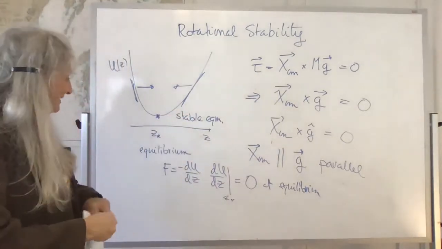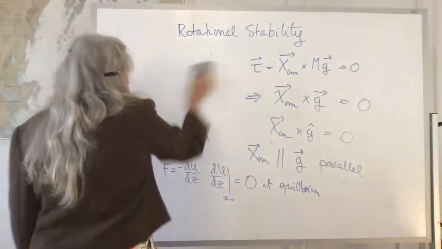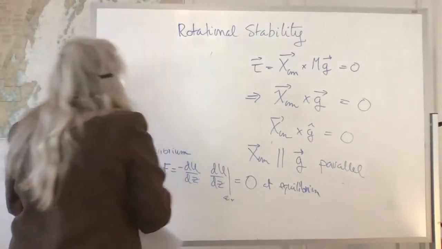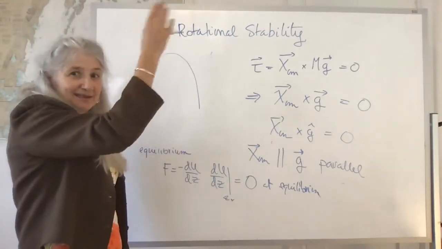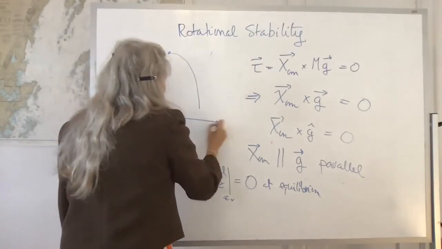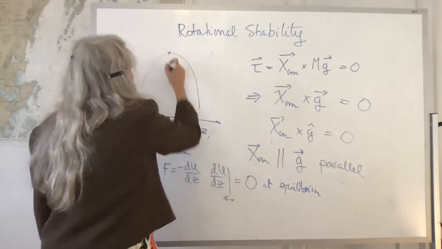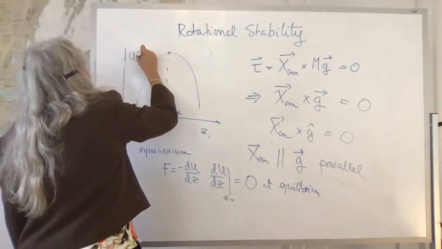We can just reverse this whole problem and look at unstable equilibrium, which is going to look exactly the same, except now we've got the center of mass up on the top. This is z star, this is U of z.